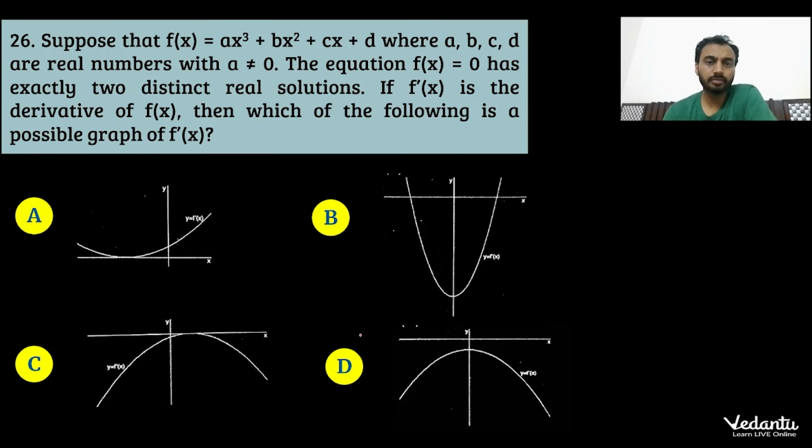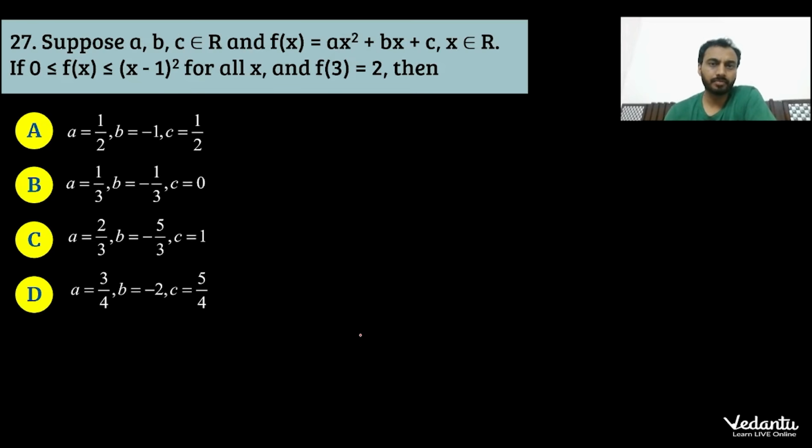So let's see question number 27. In question number 27, we have a quadratic where x belongs to R and f(x) lies between 0 and (x minus 1) square for all x, and f(3) is 2. Then what are the values of a, b and c? The given f(x) lies between 0, meaning it is greater than or equal to 0 and less than or equal to (x minus 1) square.